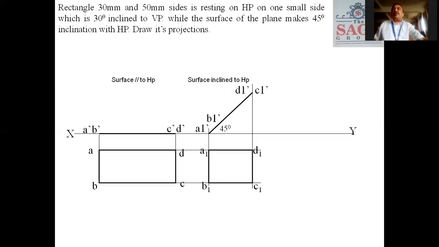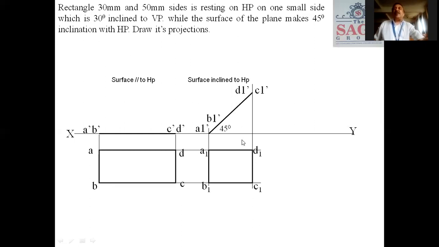Now we have to draw the last step, and this step is the second inclination of the plane. So again we read the problem, and the 30-degree inclination from VP is given, and that is of the small side. So this small side is inclined 30 degrees to VP.